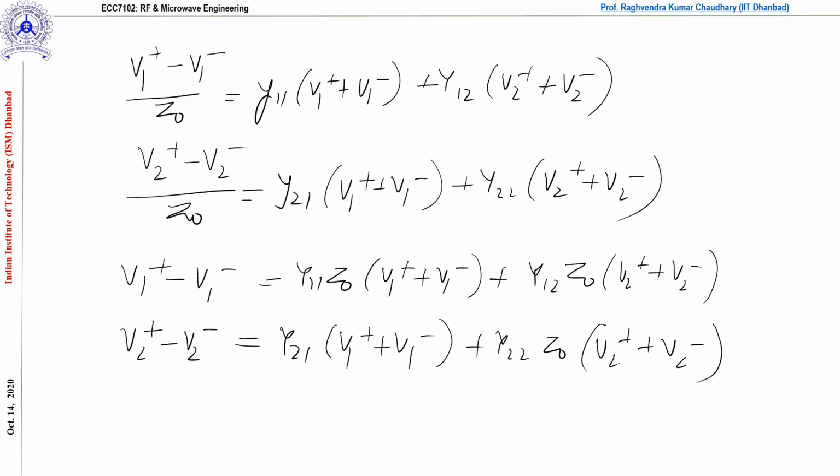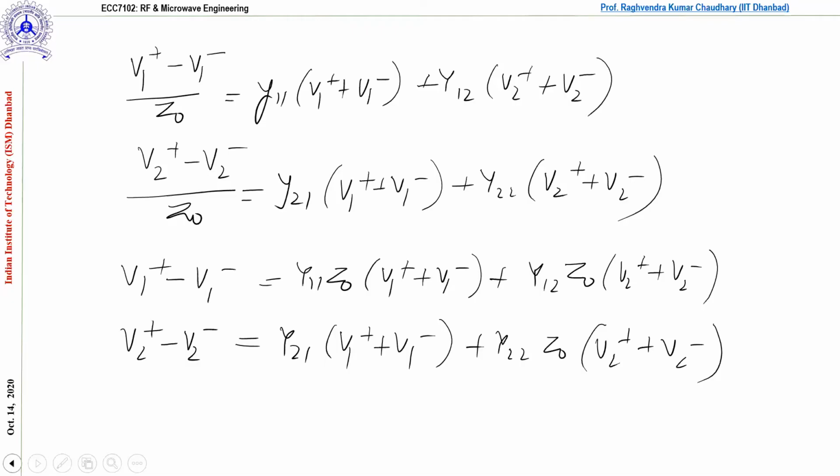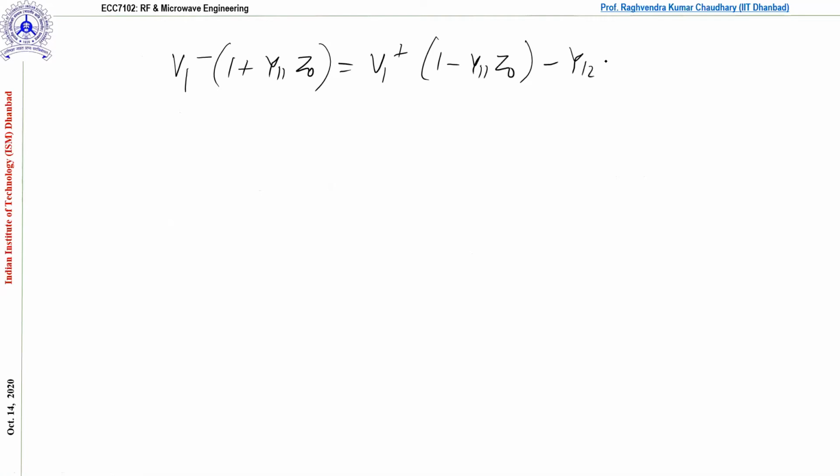Now let us try to write this in terms of the incident and reflected waves. It is very difficult, but let us try. If you rearrange, V1 minus times (1 plus Y11 Z0) is equal to V1 plus times (1 minus Y11 Z0) minus Y12 Z0 times (V2 plus plus V2 minus).